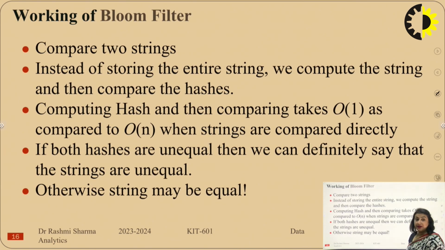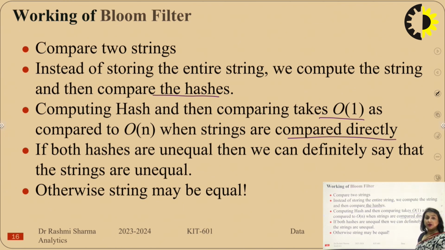So the working is, if we compare the two strings, instead of storing the entire string, we compute the hash values and compare them, and when comparing those hash values, we see whether that particular bit exists or not. Computing the hash and then comparing takes the complexity of order 1, as compared to the complexity of order n when the strings are compared directly.